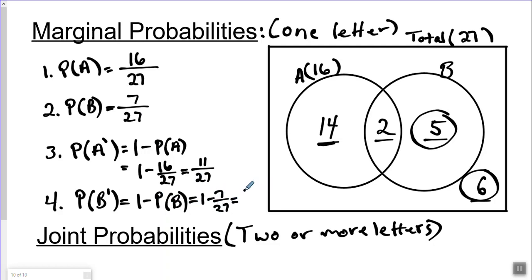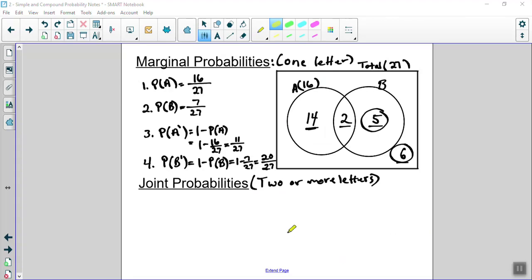Okay, it is 20 out of 27. Now that's the answer, but let's go back to the Venn diagram and check it out. We're going to use yellow. So 1 minus probability of B means not in B. What events are not in B? Well, this 14 right here and this 6 right here. And 14 plus 6 is 20. Alright, so the picture is helpful, but also this 1 minus idea is helpful.